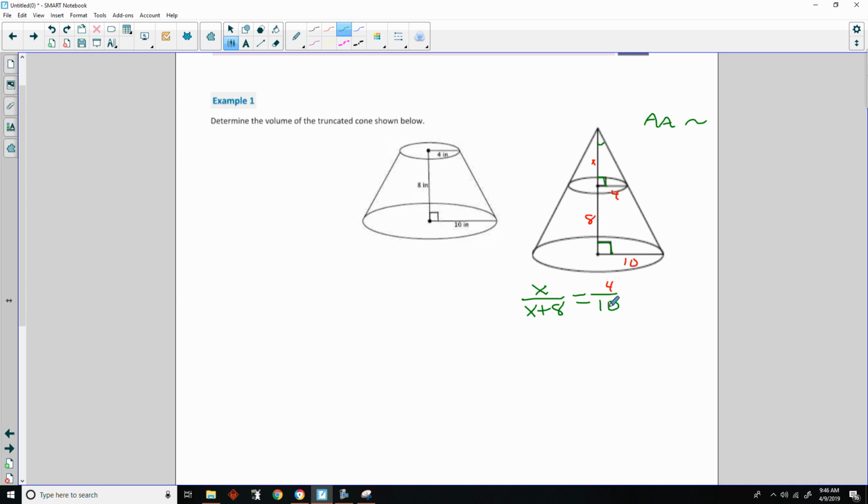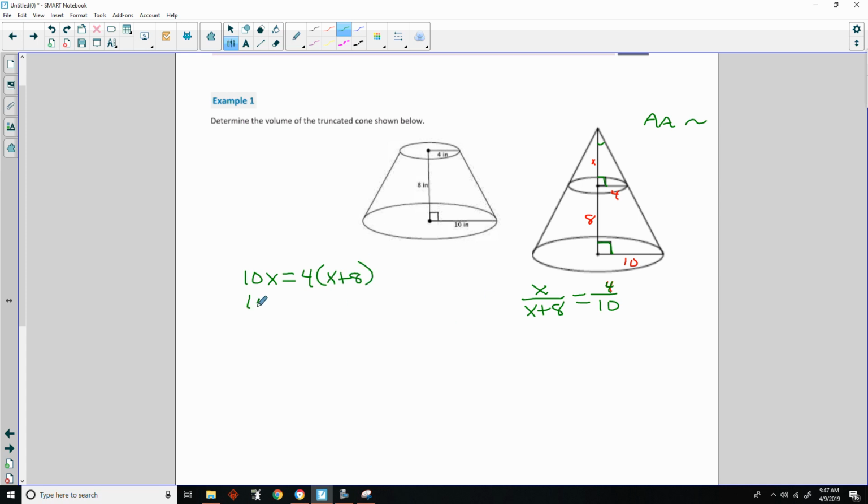So I have little side is to big side: x plus 8 is this whole side here, equals little side to the big triangle side. When I solve this, I cross multiply, because when we have a proportion, we cross multiply. 10 times x is 10x, equals 4 times the quantity x plus 8.